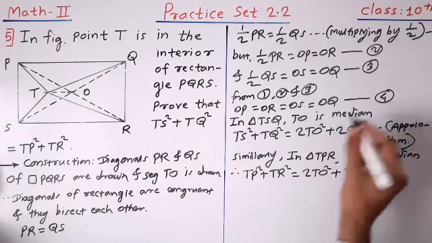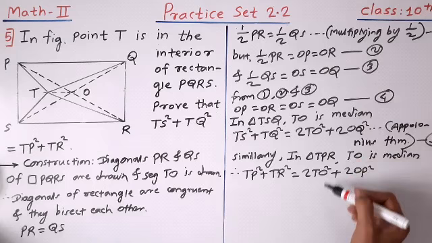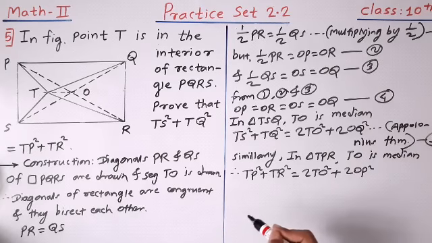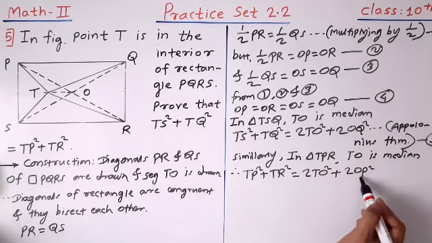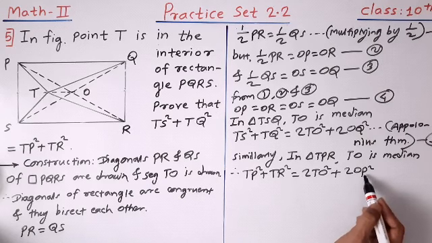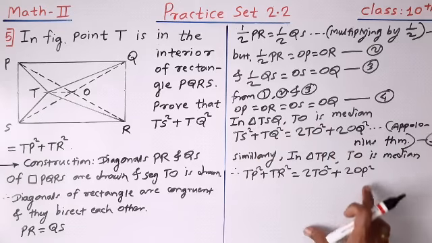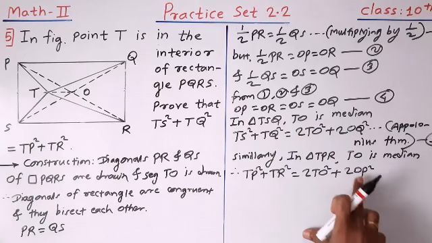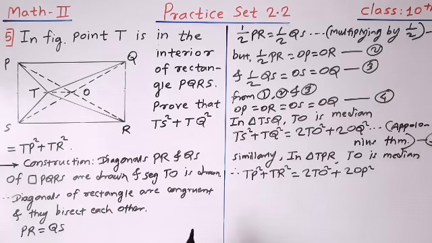Now, if we give this above equation as equation number 5, and if we see the right hand sides of these two equations, one part is same, only the second part is not same. But we can make them same by using equation number 4. See here equation number 4. In place of OP, we can write OQ also because they are equal in equation number 4.